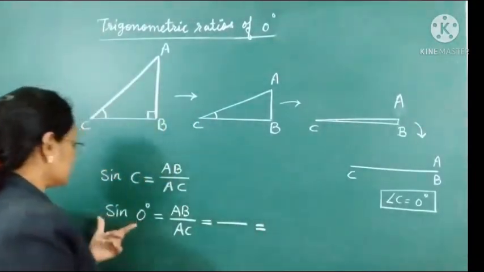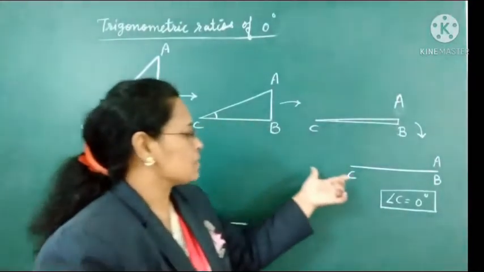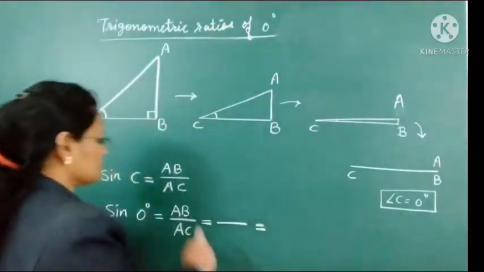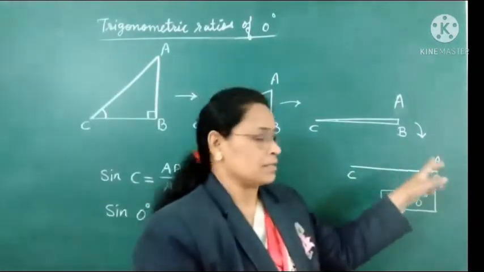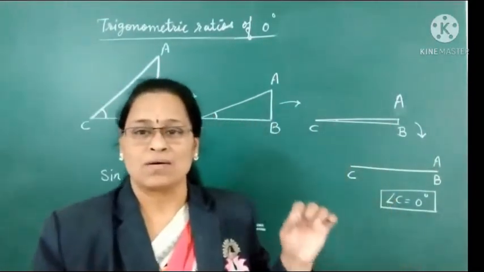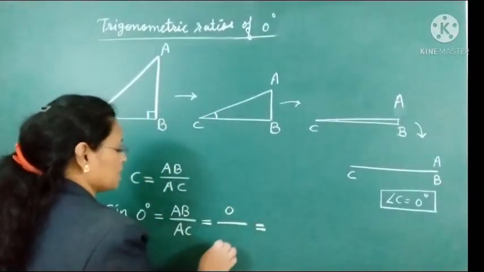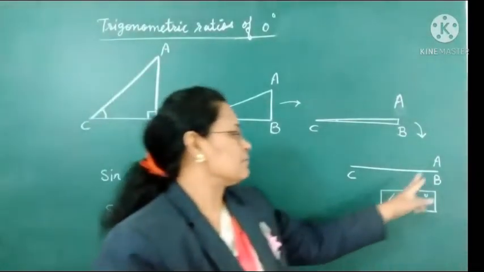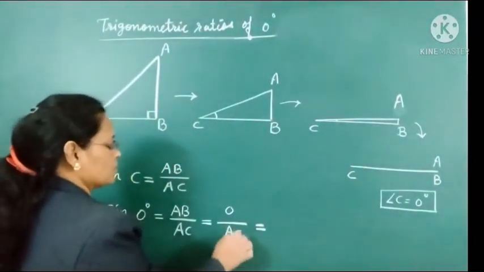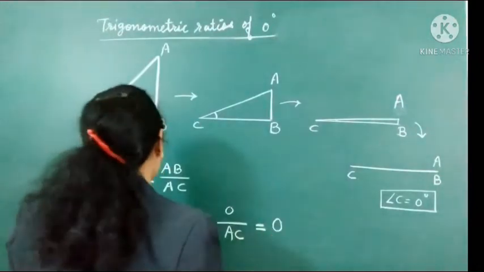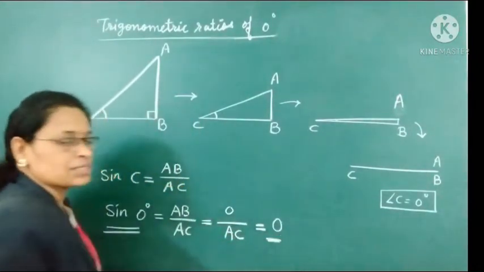If we write sine 0 degree in place of C, because angle C has become now 0 degree, as usual this was the ratio AB is to AC. There is no AB here. Height or the length of AB is 0. So we write here 0 is to AC. There will be length of AC. 0 divided by AC, that is 0. So sine 0 degree is equal to 0.